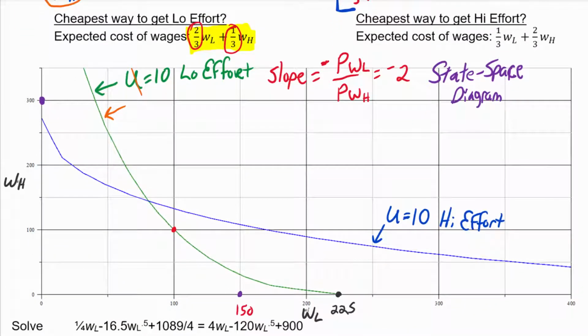What we're looking for is this point where these two intersect. And if we solve for that mathematically, we're going to get that the high wage should equal 144, and the low wage should be equal to 81, and that this would provide the right incentives to get this person to provide us with high effort.